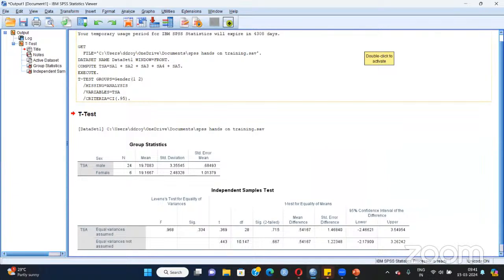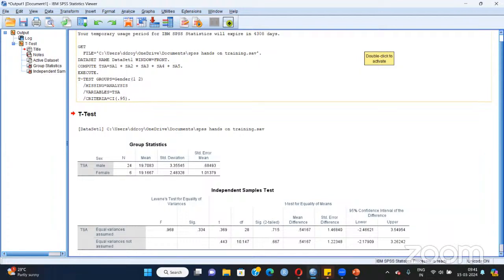Now, after that, I have done the t-test. Here you can find out the syntax. It is very clear, the syntax. I have already told you that t-test is groups equal to gender 1, 2.